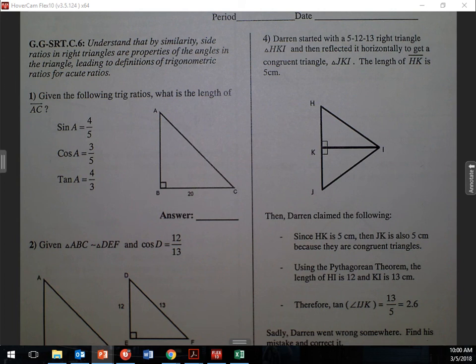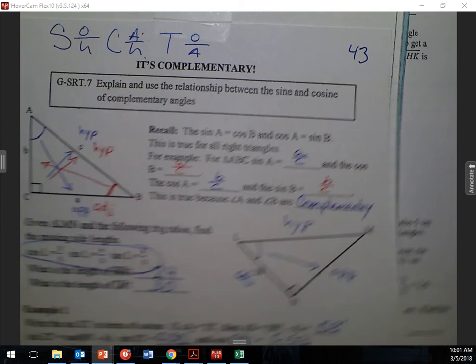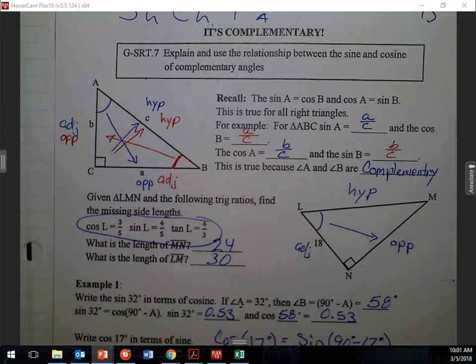Okay, on your test, listen up, you guys are going to have the same or similar problems. So, I went and found it. It's actually on page 43, and it's this problem right here of how to solve for this problem right here.